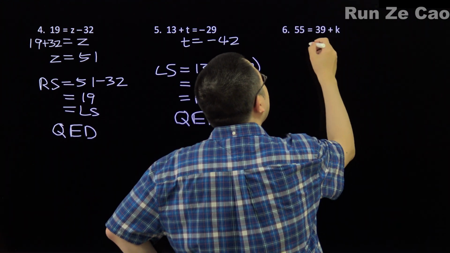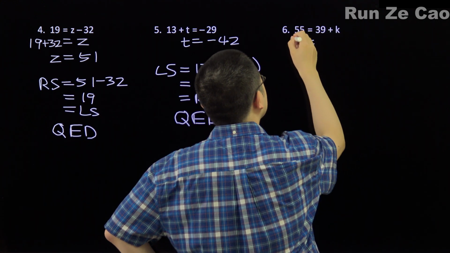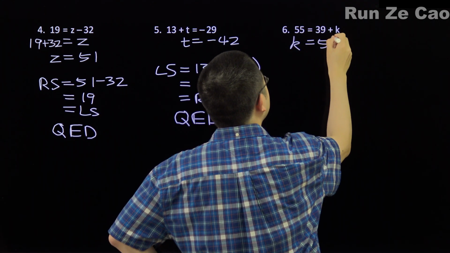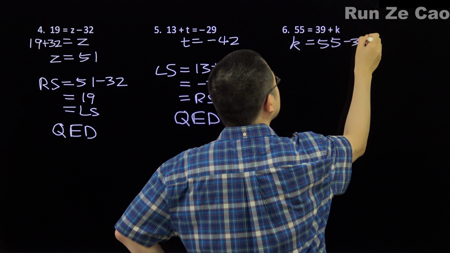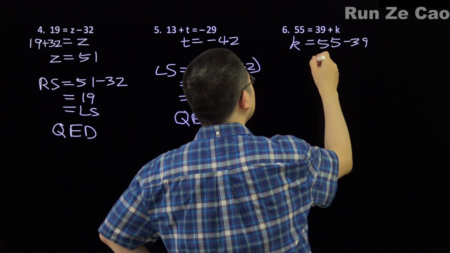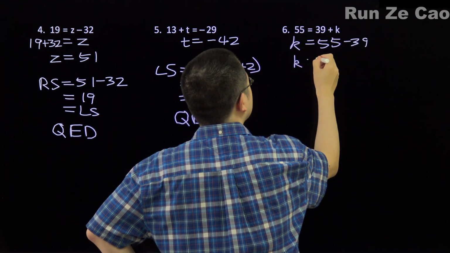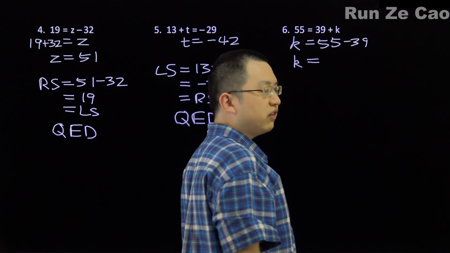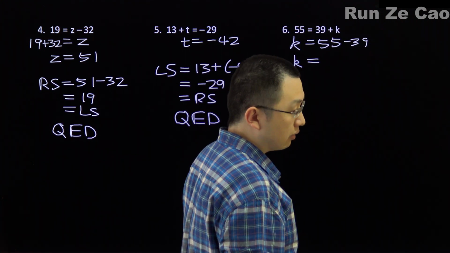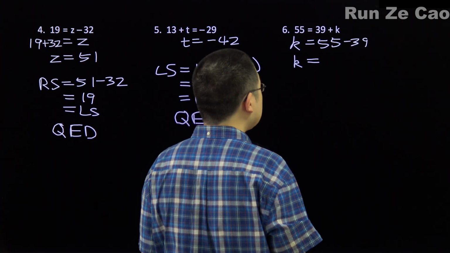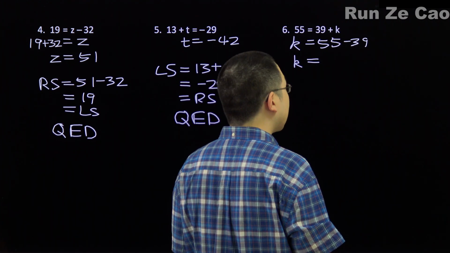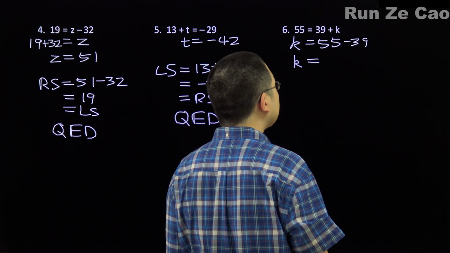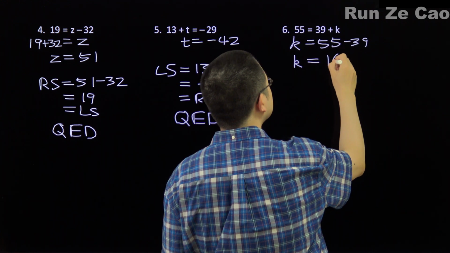55 equals 39 plus K. That's going to be K equals 55 minus 39. See, we can do the rearrangement right off the bat. And then K is equal to, what's 55 minus 40? Oh, that's 15. Minus 39 is going to be subtracting 1 less than 40, so 15 plus 1 is 16.